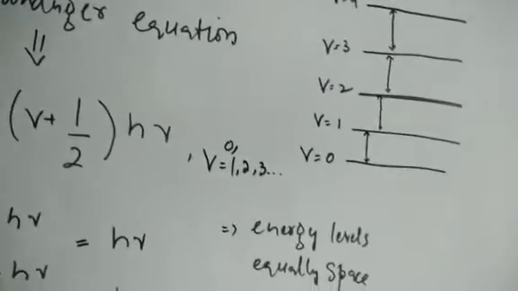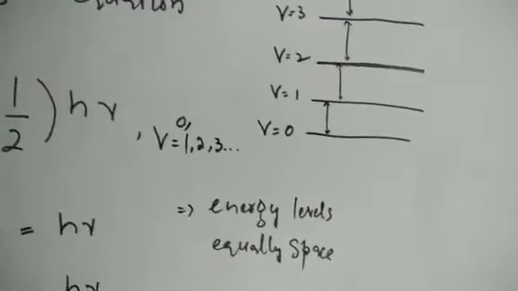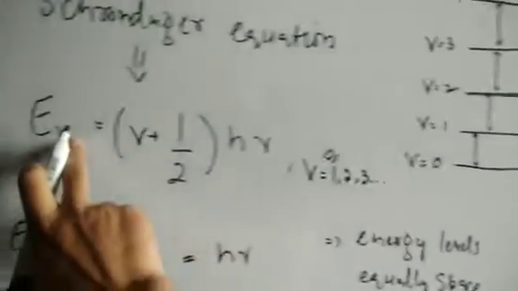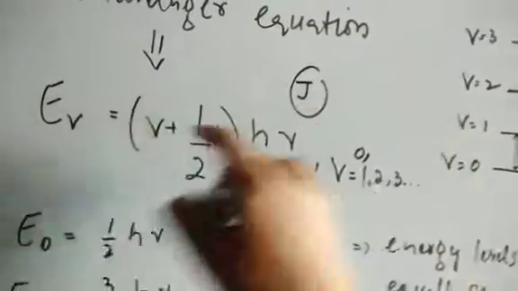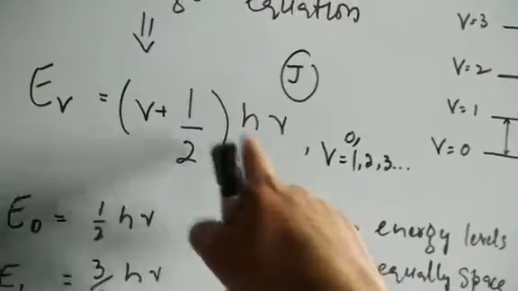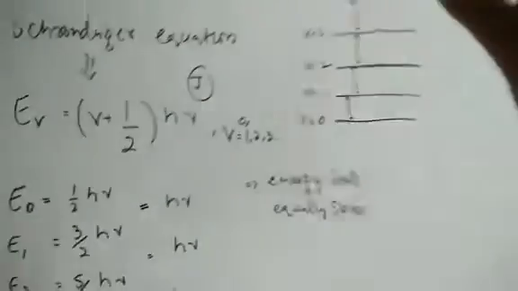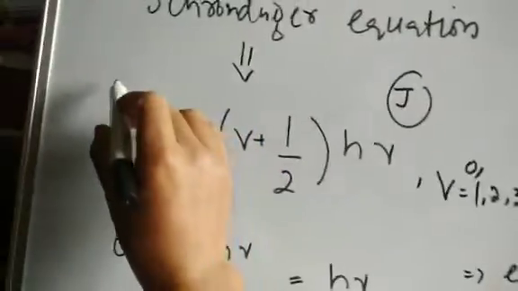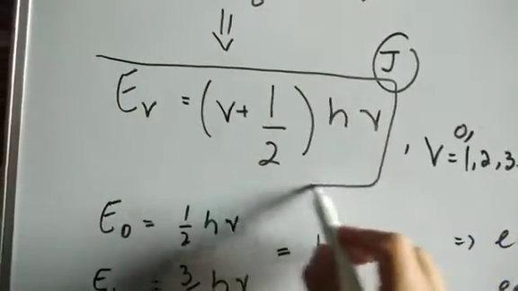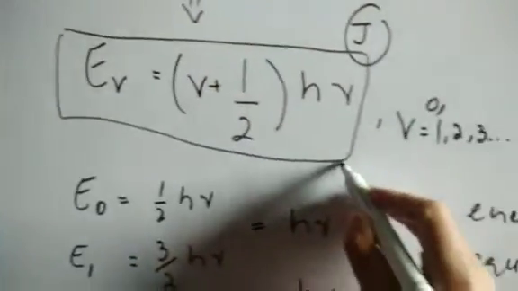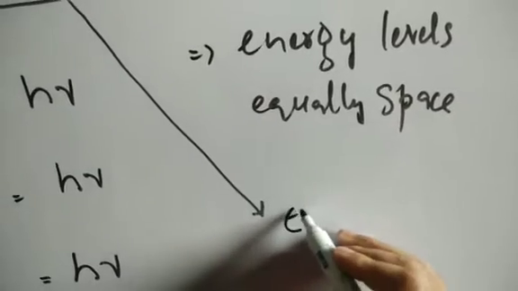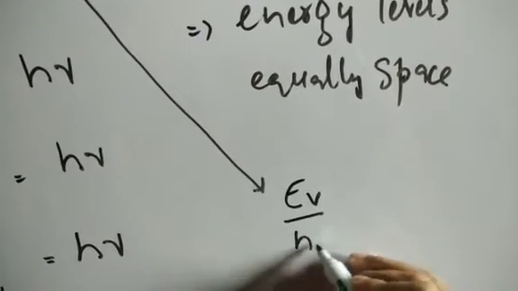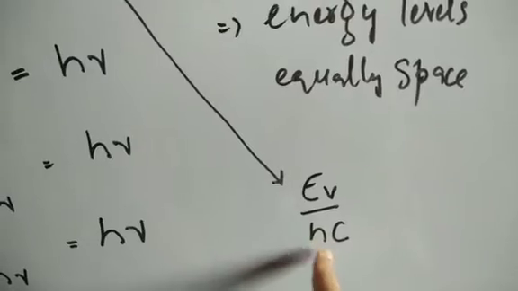Okay. Now this will be the energy of the molecule, like we did in rotation spectroscopy, where this formula was in joules, remember this. We converted it into centimeter inverse, because energy is on the same scale. So we will convert this energy formula into centimeter inverse. We'll move to this side. So what we'll do, we'll divide this energy by hc, that is Planck's constant and velocity of light.